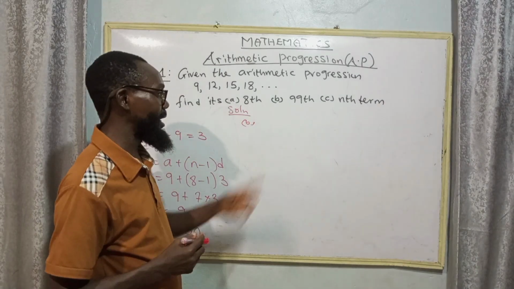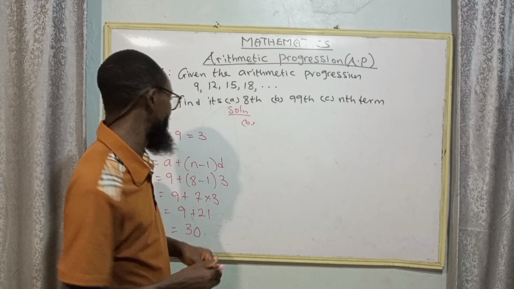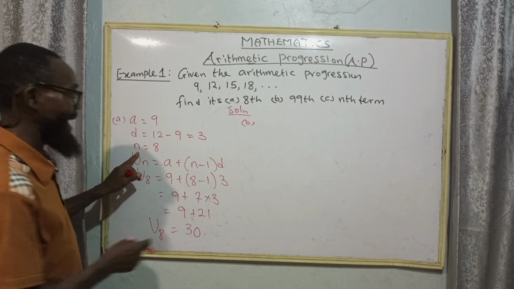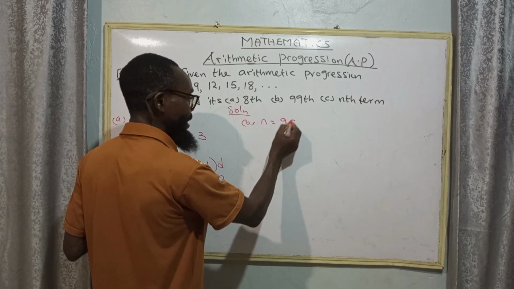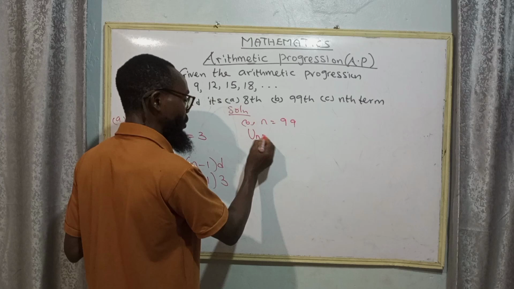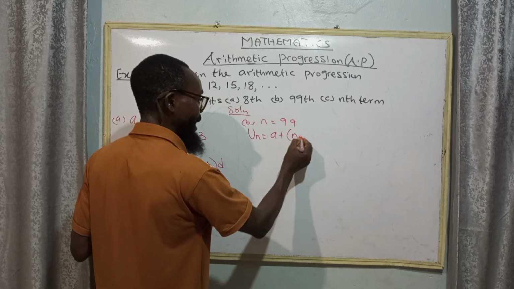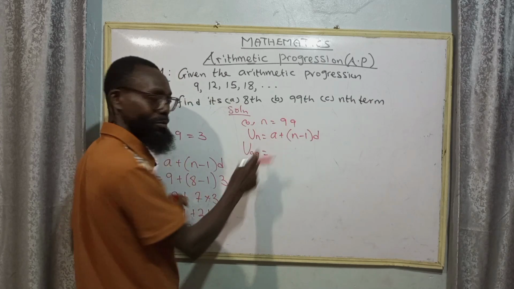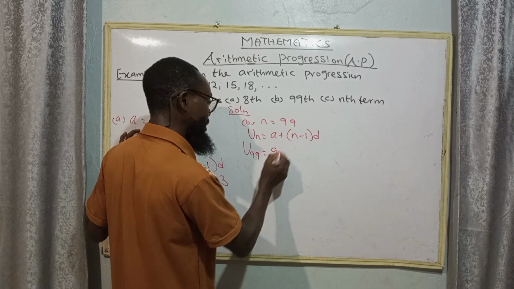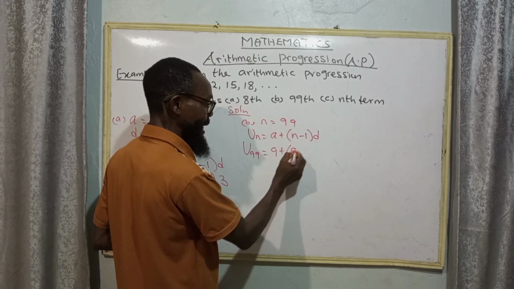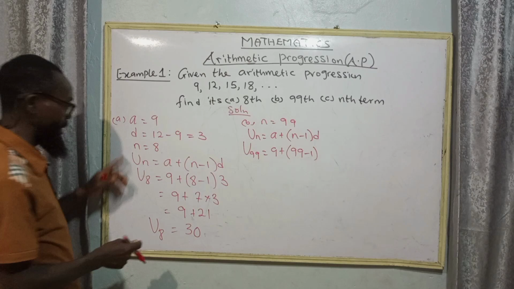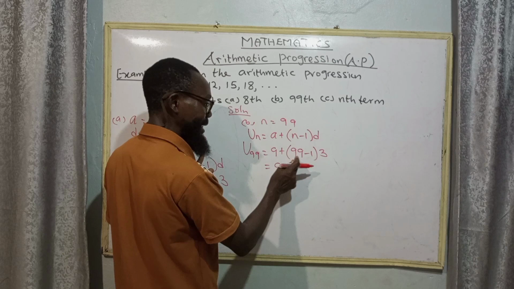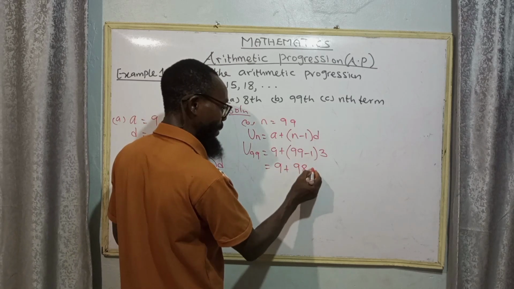Now for question B, the 99th term, meaning our A remains 9, our D remains 3, and our n is now 99. Applying the formula, Un equals A plus open bracket n minus 1 close bracket D, we have U99 equals 9 plus 99 minus 1, times 3.